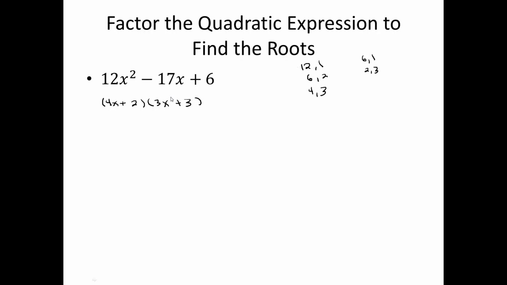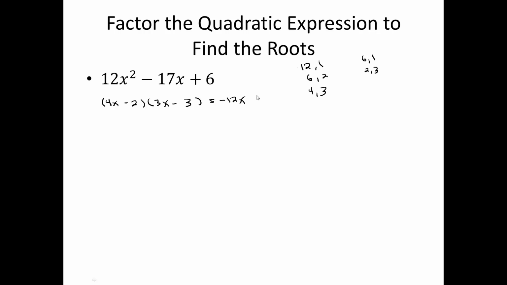Let's multiply these out and see if that combination works. So 4x times 3x is 12x, and that should be minus. Sorry about that. So 4x times negative 3 is negative 12x.